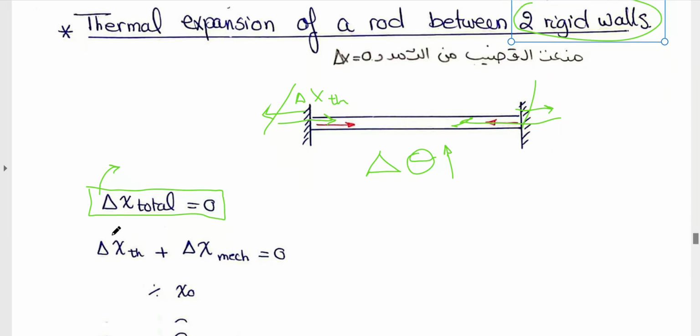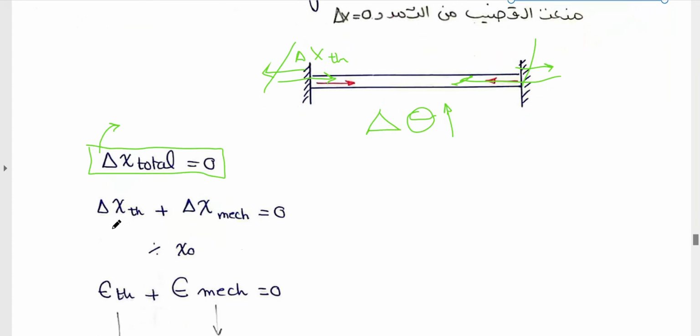This change comes from two factors. The first one, due to increase in temperature, we have delta x thermal. And the other one, because of the pressing back of the walls. The walls are compressing the rod again.